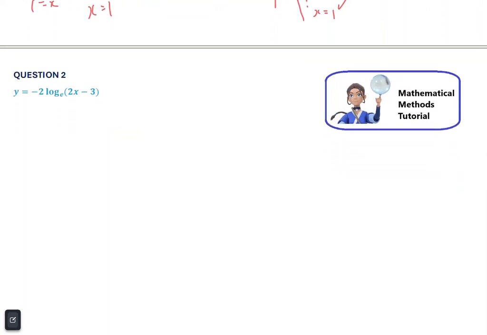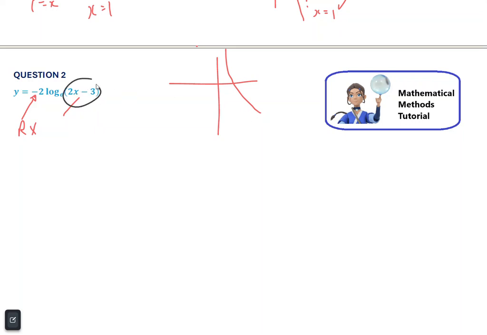Looking at question 2, I can see a couple of things are happening. We have a negative here, which means we have a reflection over the x, and we have a positive there, but we have some sort of movement happening. So instead of looking like this, it's going to look like this.